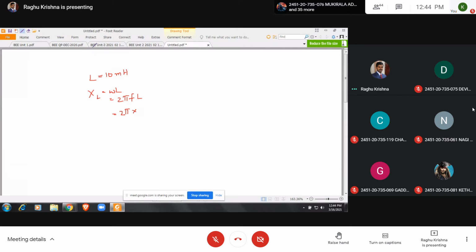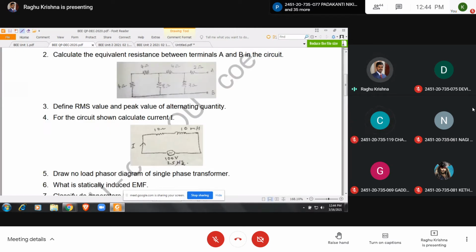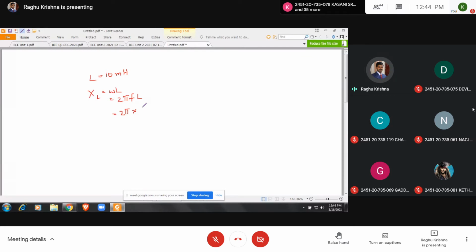You must be careful here. The frequency is given as 25 hertz. So 2 pi into 25 into L, 10 into 10 power minus 3 millihenry. So here you are going to get 1.57 ohms. So this you got.